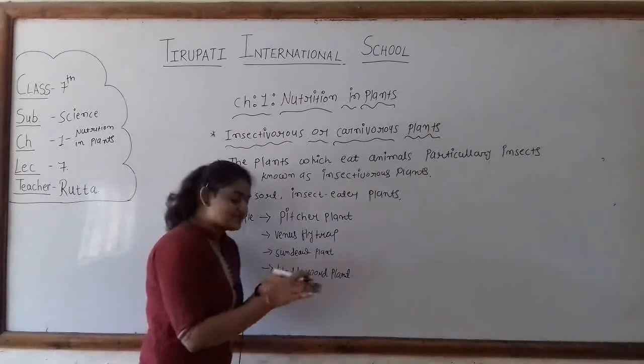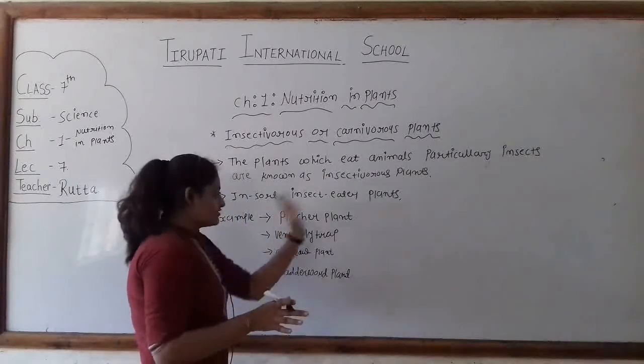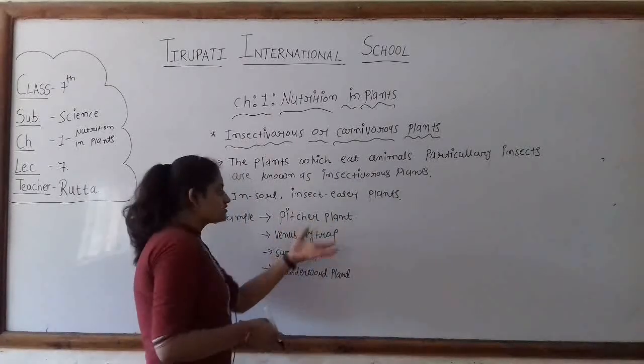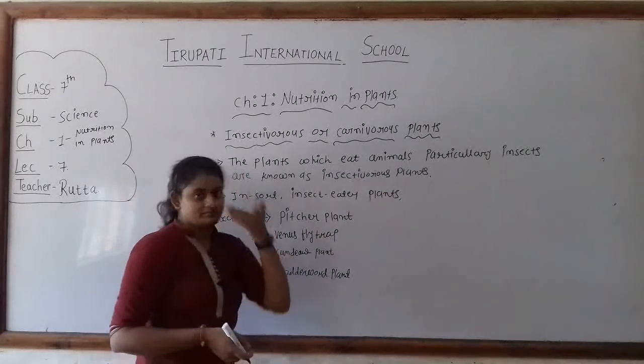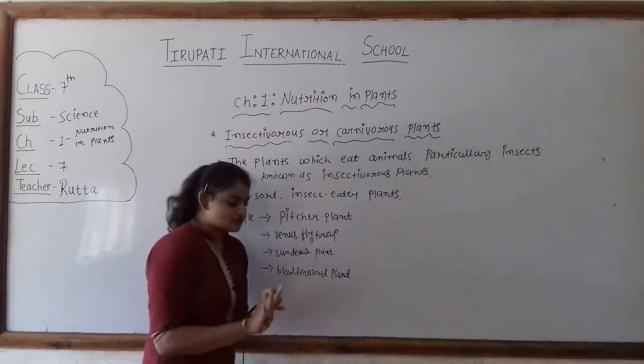They can use insects as their food. The first one is the pitcher plant, second is the Venus flytrap, third is the sundew plant, and fourth is the bladderwort plant. These are examples of the insectivorous plants.